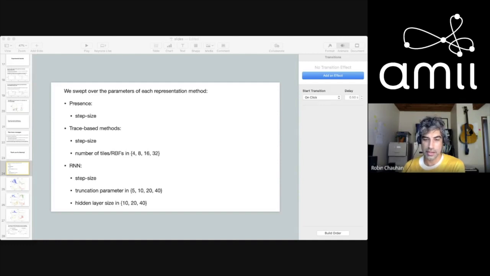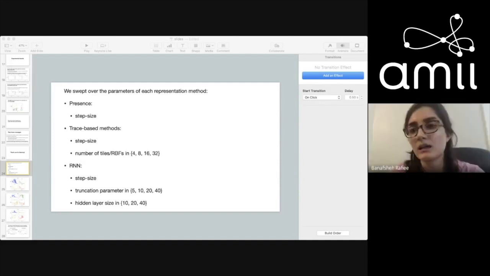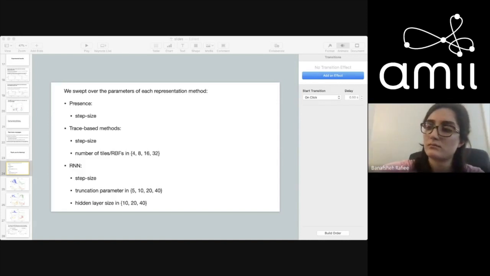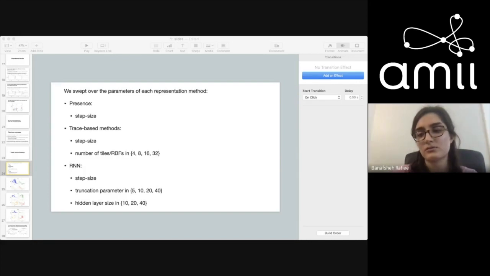Yeah, the information is in the state, but to train the RNN, we need to do backpropagation through time, so we kind of need to go all the way back. For efficiency, we use truncated backpropagation through time, so we only go back a number of steps. But we do need to store all this data in the buffer for the length of the truncation parameter.